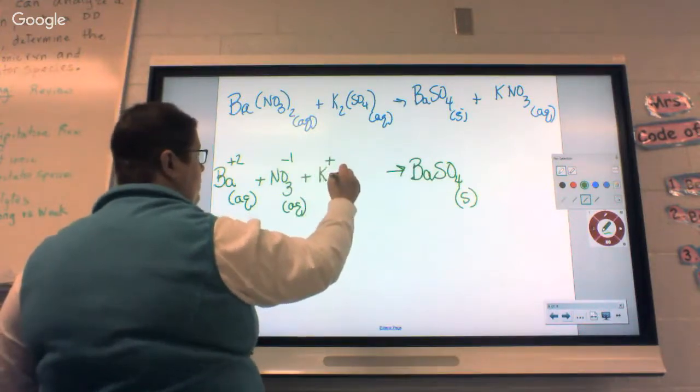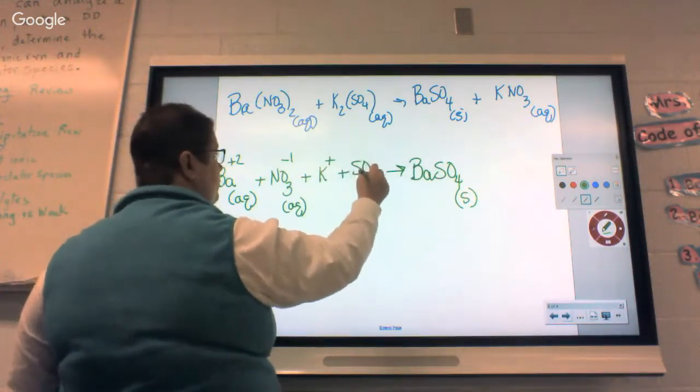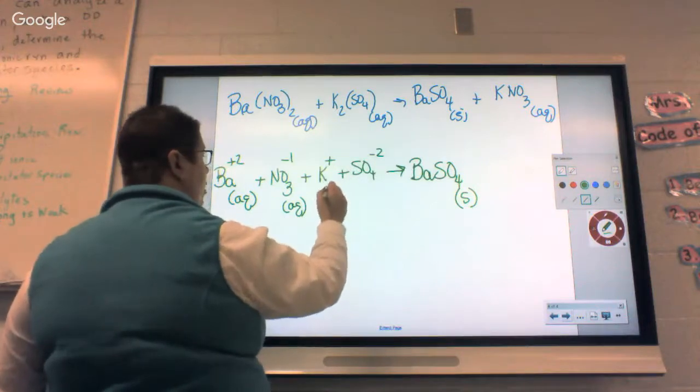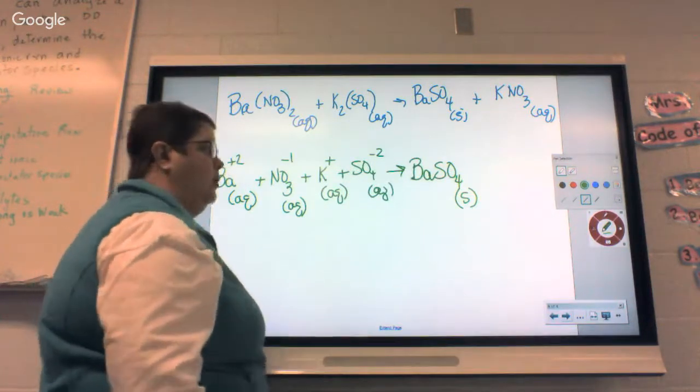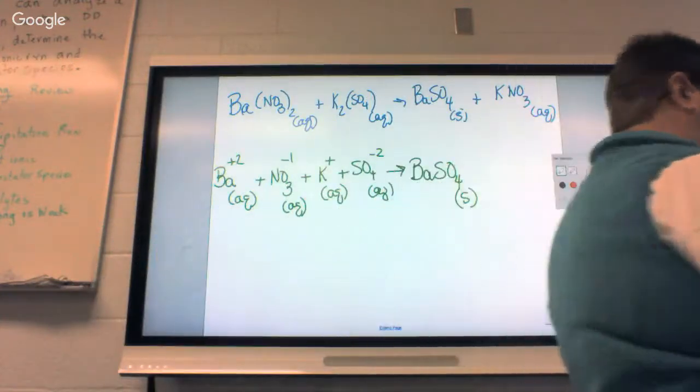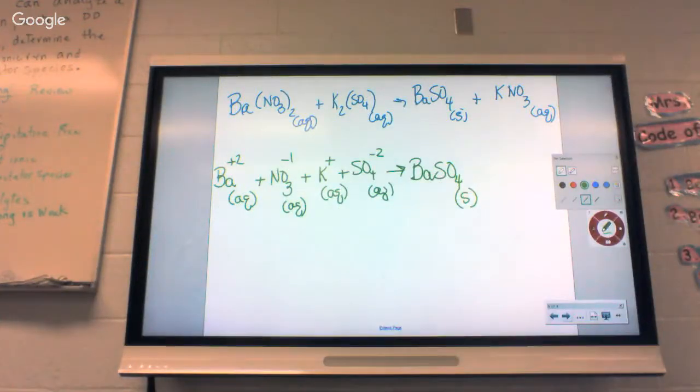Plus SO4. Now, all I'm doing is making sure they stay aqueous, and I'm including their oxidation number. So all I did was split the compound in half, and I put in aqueous. That's all I did. Okay?